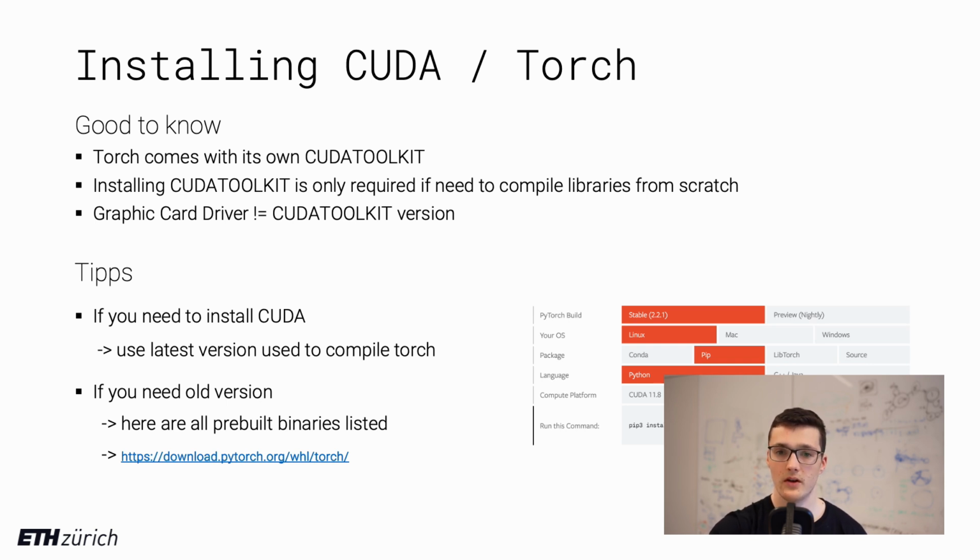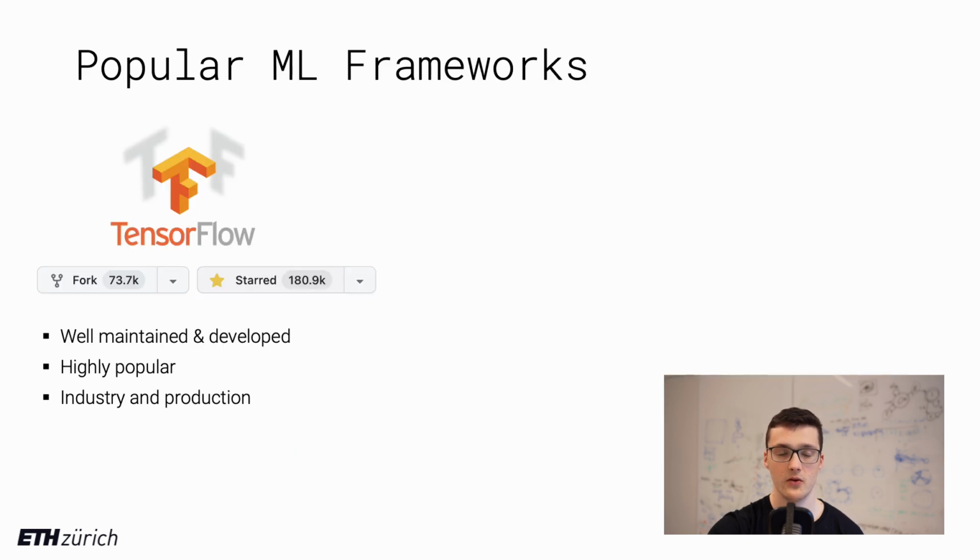So you should also install this version of CUDA on your system if you need to, such that you don't cause any version conflicts further down the road in your project. If you need older versions of Torch, for example, there are pre-built binaries available that you can easily make use of. There's this link there, and then you can easily install it with pip, which is very helpful to know.